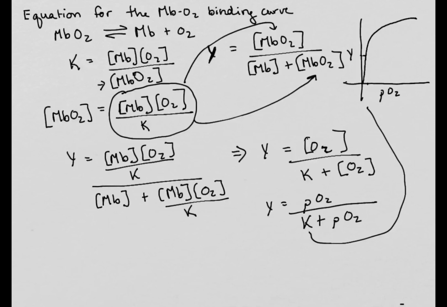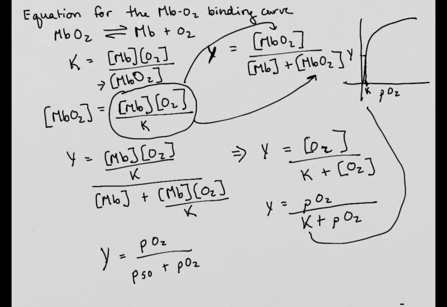That's actually the definition of K. So we also recognize that, of course, that's P50, because that is the 50% fractional saturation that occurs at that location. So we can nicely substitute in.